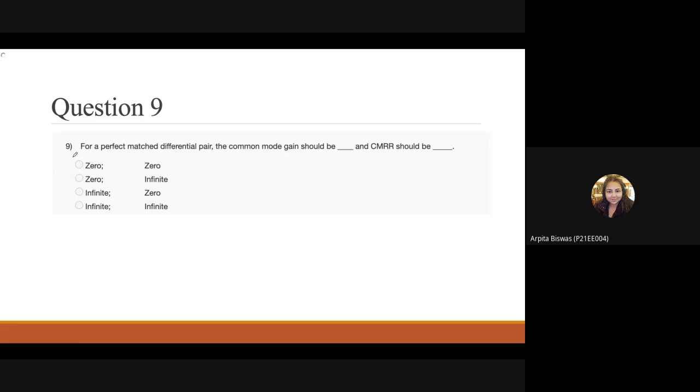This is question number 9. For a perfectly matched differential pair, the common mode gain should be dash and the CMRR should be dash. First option is 0, 0. Second option is 0, infinite. Option C is infinite, 0 and option D is infinite, infinite.